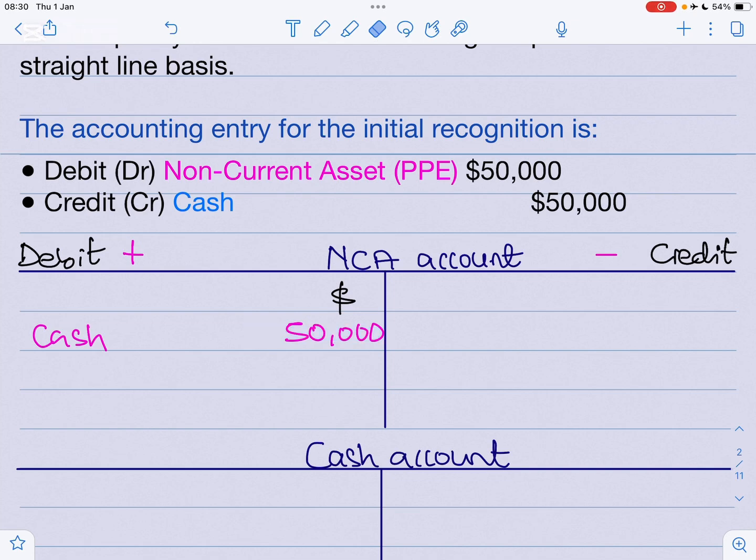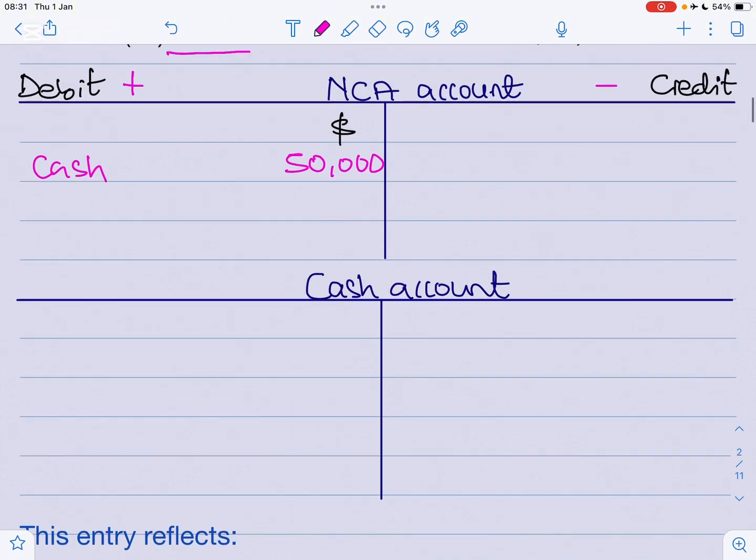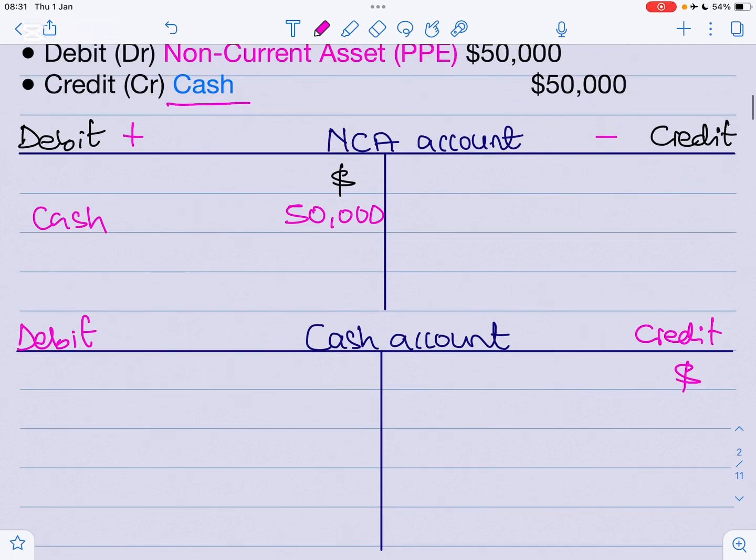Okay, that's fine. Now, what about the corresponding credit entry? The corresponding credit entry is the cash, so we'll come to the cash account and have it credited. In the cash account, you also have the debit and the credit side. Because this is also an asset account, you must remember that this is the positive side and this is the negative side.